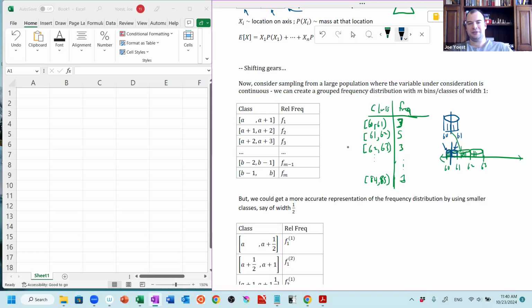I split the bin in half. Maybe I have 2 outcomes that stay to the left and 1 that goes to the right. Then I split it in half again. Each time I split it in half, I basically have a 50-50 shot for each outcome that outcome stays to the left or stays to the right of my new split.